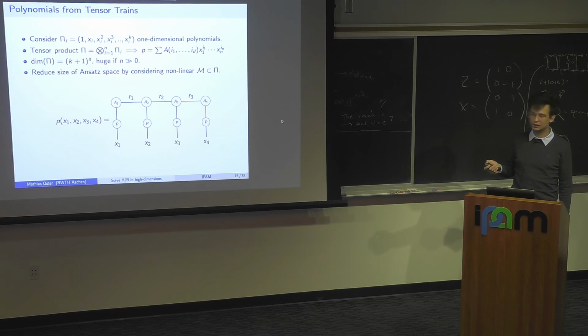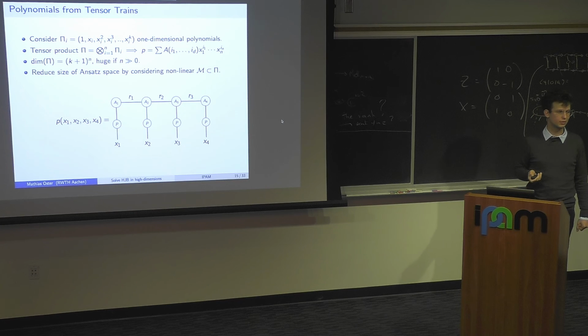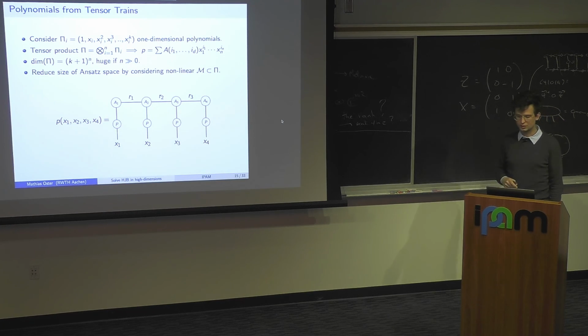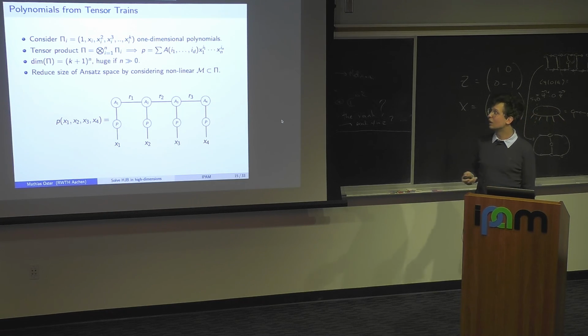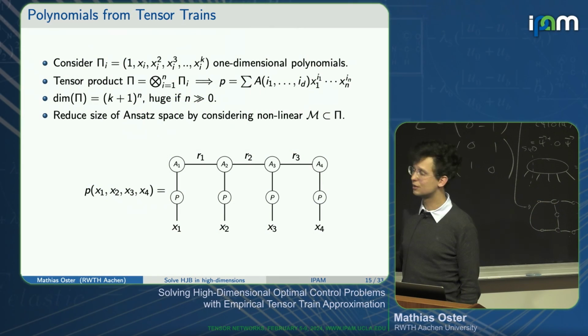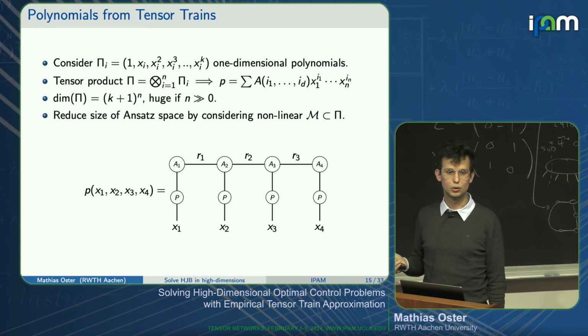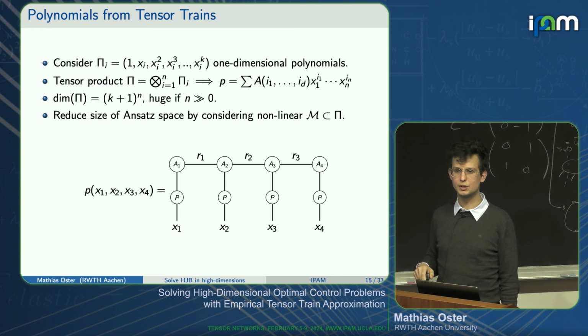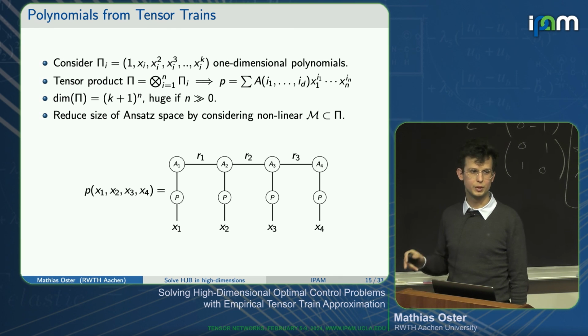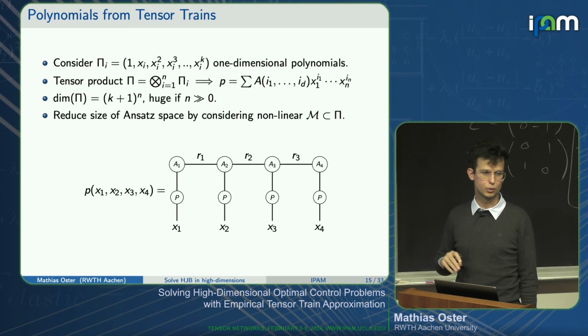So then you have this exponential scaling in the size of the space. And so the way we use tensor trains now is by compressing this coefficient tensor. And then we call it a functional tensor train, and that is associated to a certain basis. I used monomials here because they are nice to write down, but they are numerically really not usable. So you would use something like Legendre polynomials or Hermite polynomials, depending on how you want to sample later.